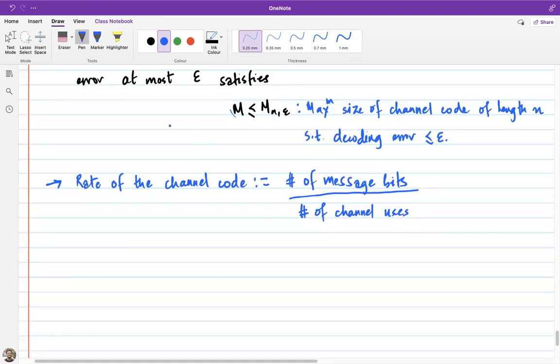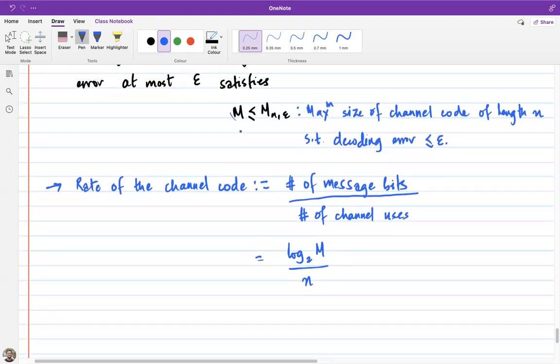For the two heuristics that I presented, this can be explicitly written as log base 2 of the number of messages m, sent in n channel uses. So this is the rate.